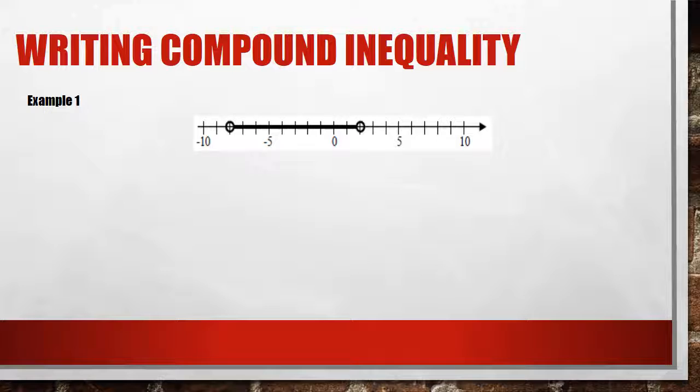So if we take a look at our first example, we have an inequality that includes numbers in between -8 and 2. I'm not including -8, I'm not including 2, and the only thing I'm including in this solution set are the numbers in between -8 and 2.